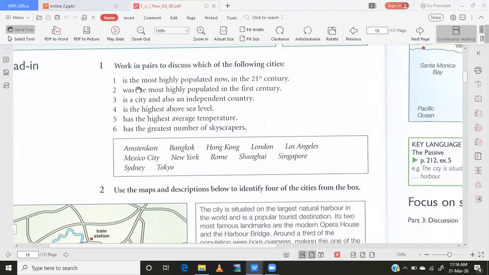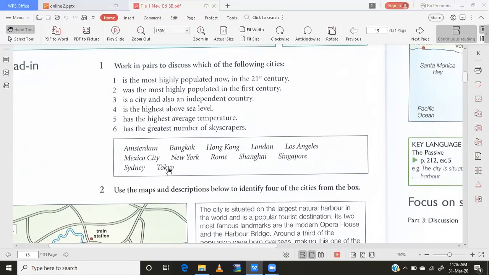Let's start from the first one. Which of the following cities from this box is the most highly populated now in the 21st century? The answer: number 1 is Tokyo.